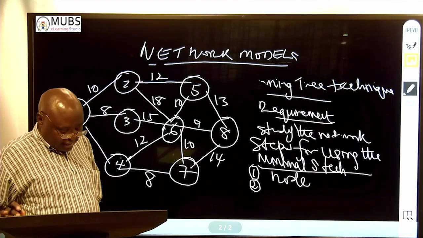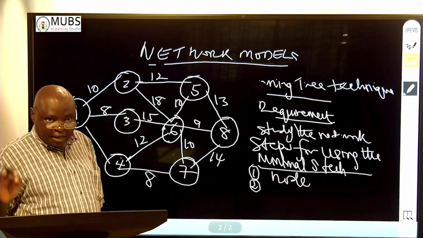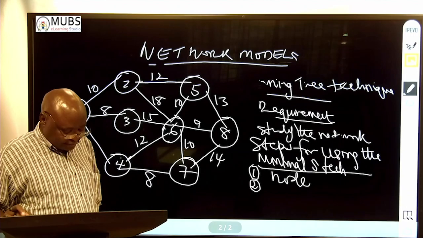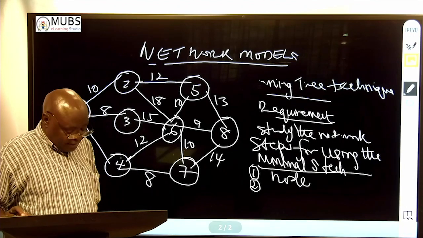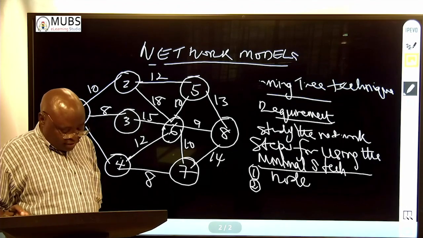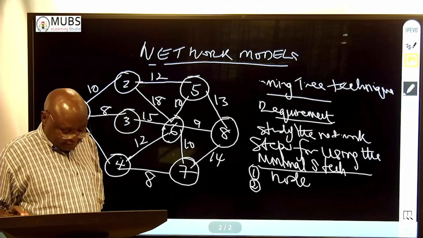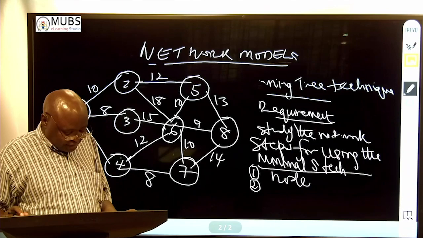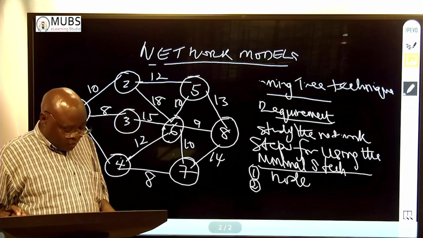Connect this node to the nearest housing unit or node that minimizes the total distance. Step 3, considering all the nodes that are now connected, find and connect the nearest node that is currently not connected.